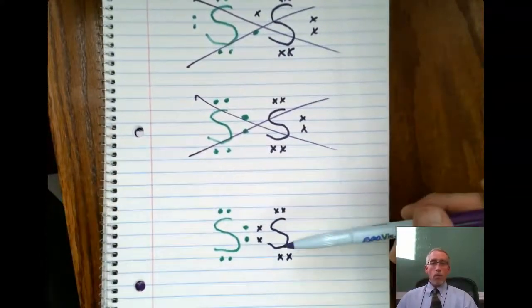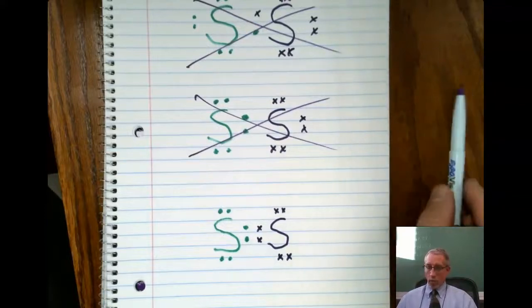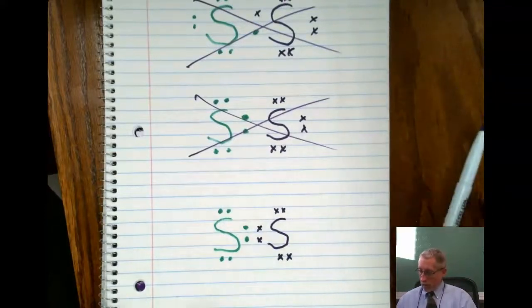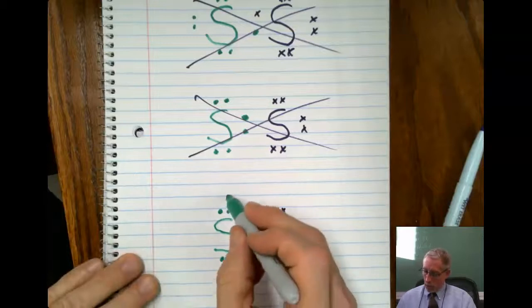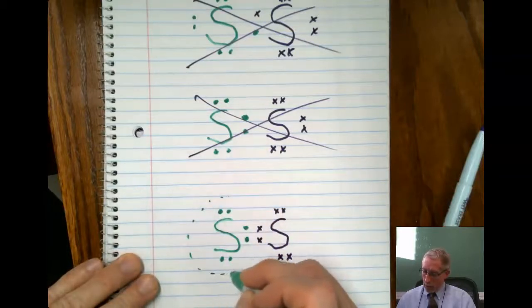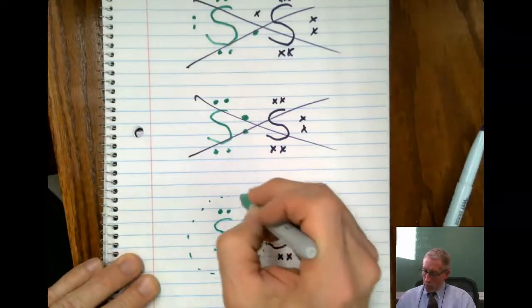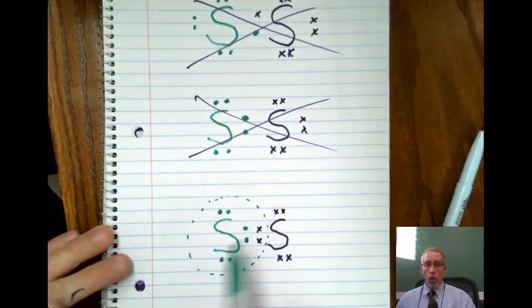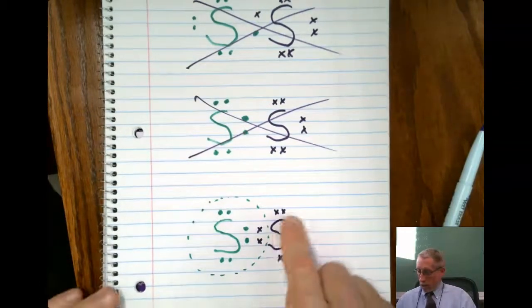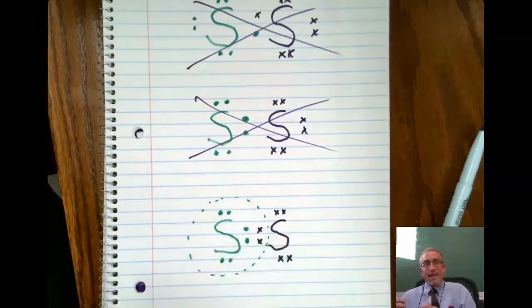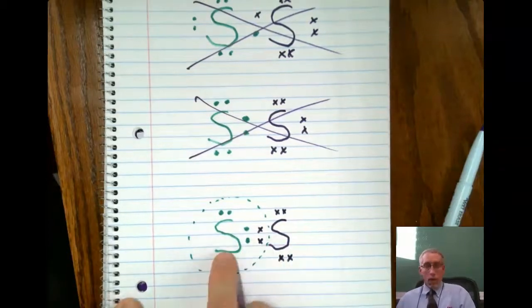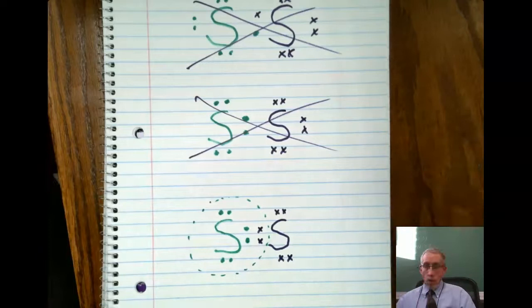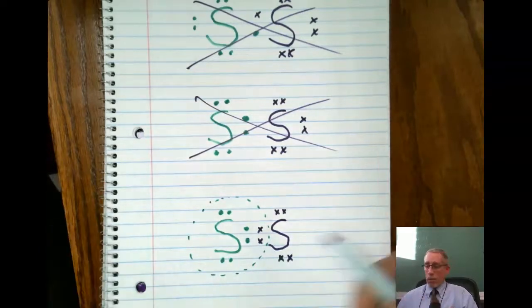So this is the only one that's correct, because if you put a circle around it, and I think I'll actually do that very lightly, just so you can see how I'm counting here. Around this sulfur atom, you see how it has a share in all 8 of those, because the 2 over here are positioned next to both of them, in between them. If they're being shared, they should be drawn in between them.